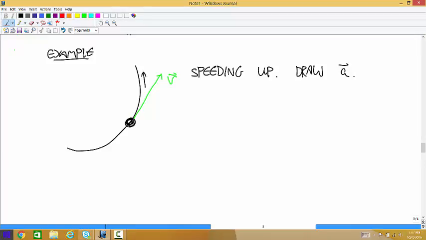Now the parallel part, the part that's parallel to this v, the object is speeding up, so the parallel part has to be in the same direction as the velocity. So there's A parallel.